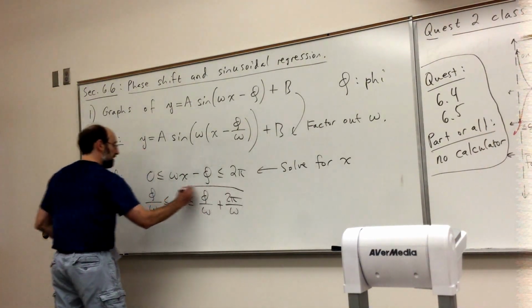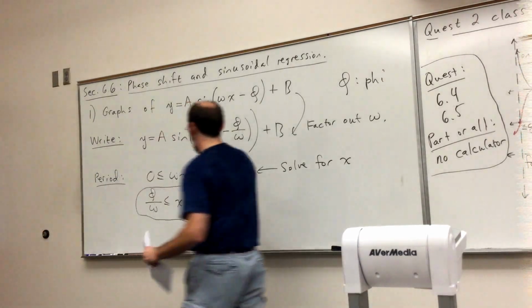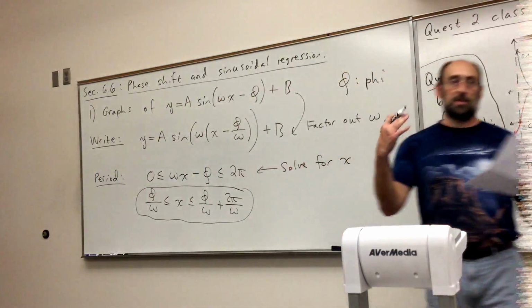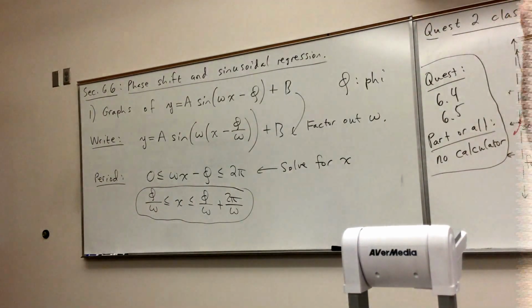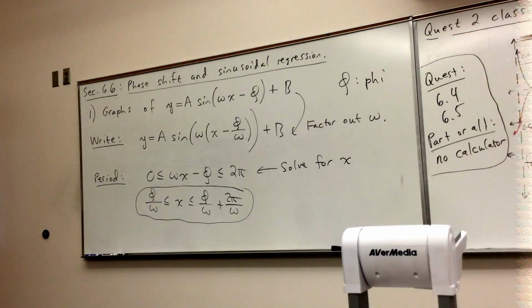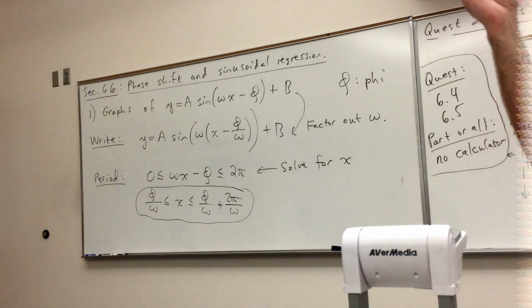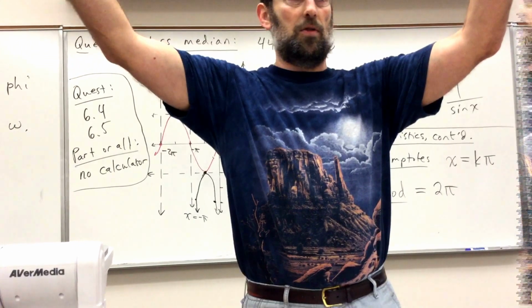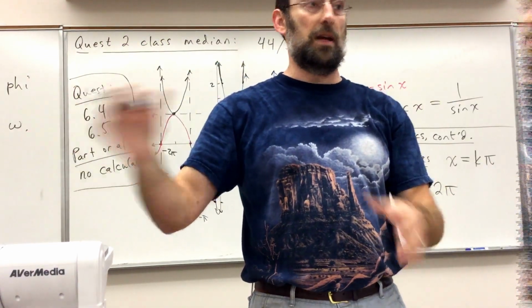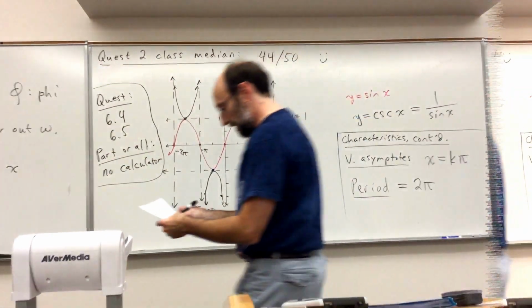So basically what this tells us is the starting point and ending point of one cycle. Now depending on where we start our cycle, usually with a sine function we started at a midline point. So that's going to give us the distance between two successive midline points, or two successive crests, or two successive troughs. Okay, that's the length of one period.